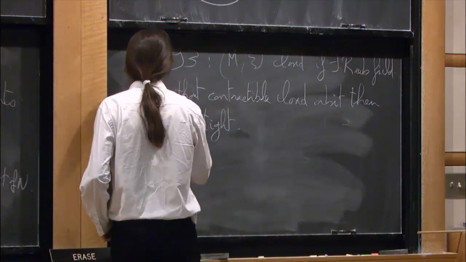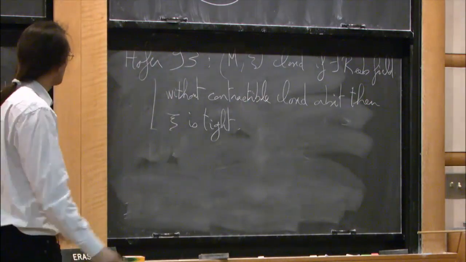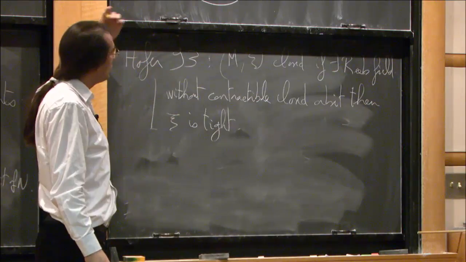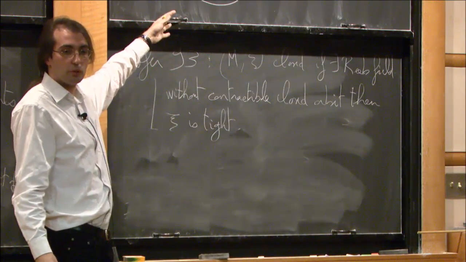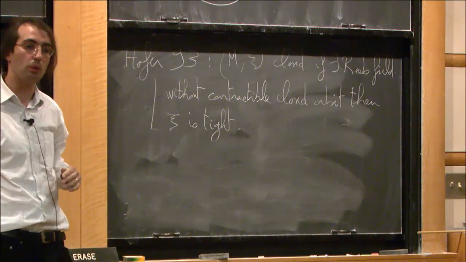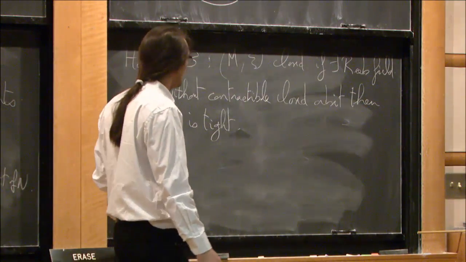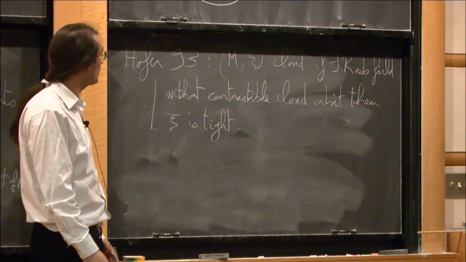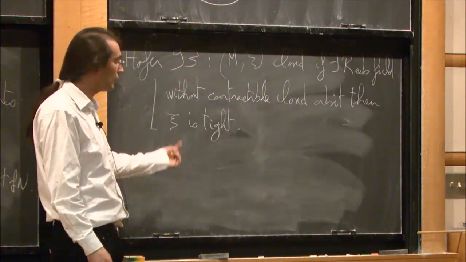So I'm already late, so I won't say much about this, but the proof is well known by now. You assume you have an over-twisted disk, and you can run some holomorphic curves, and the holomorphic curves will find a contractible closed orbit. But I want to read the theorem this way. If there is a Reeb field without contractible closed orbit, then psi is tight.